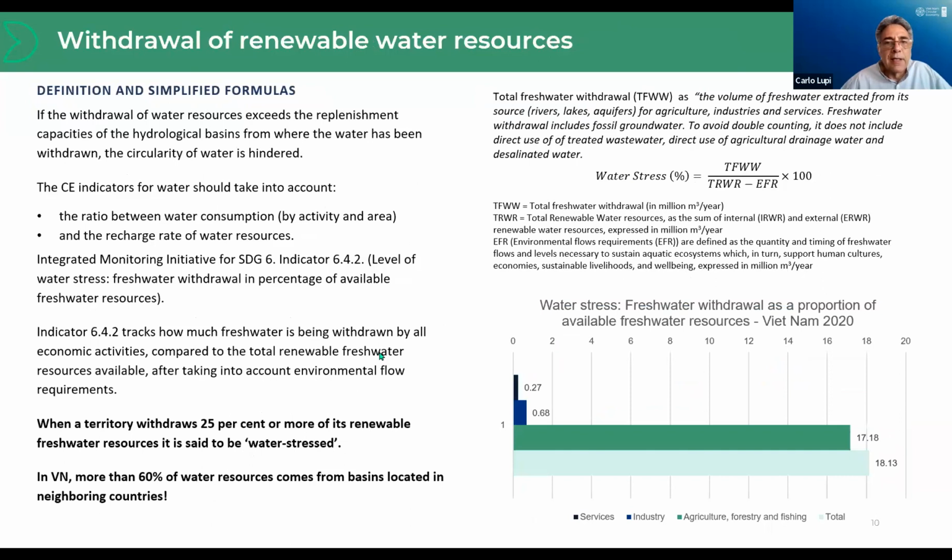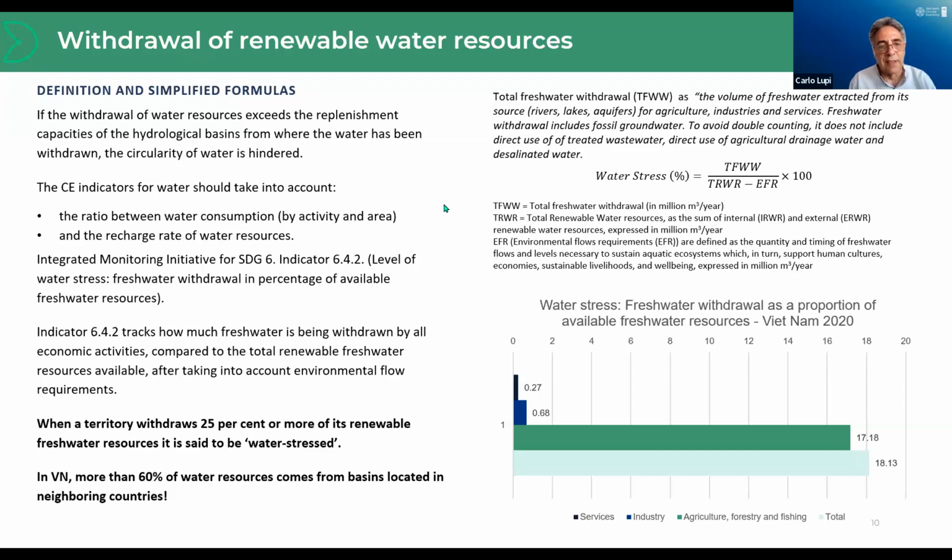indicator. Another indicator here, that's a very important indicator for Vietnam, is the withdrawal of renewable water resources. Vietnam is perceived as a country which is very rich of water, but indeed, based on the studies supported by the Asian Development Bank in 2009, and another study from the Hanoi University, it seems that the situation is not that satisfactory for two reasons.